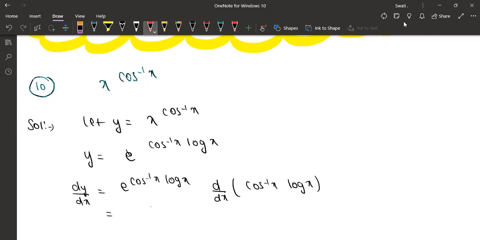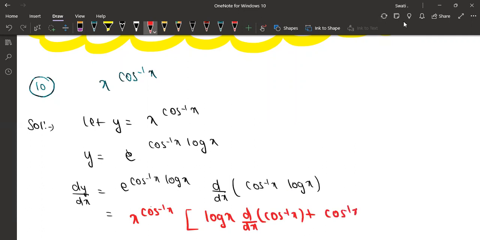That will become simply x raised to cos inverse x. Here, after using the product rule, keeping log x constant, we will do the derivative of cos inverse x. Plus cos inverse x will keep constant, and we will do the derivative of log x.